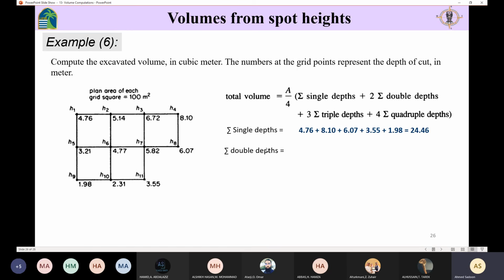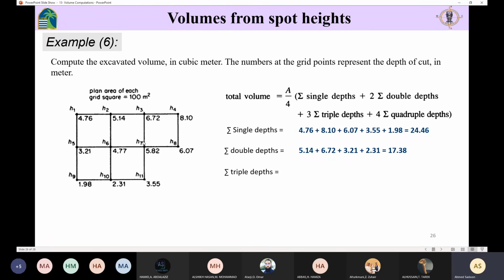Then I need to look for the double depths. For the double depths, H2 is going to be double, H3 is going to be double, H5 is going to be double, and H10 is going to be double. So I'm going to have this, and this, and this, and this here. Now I need to look for the triple depths.